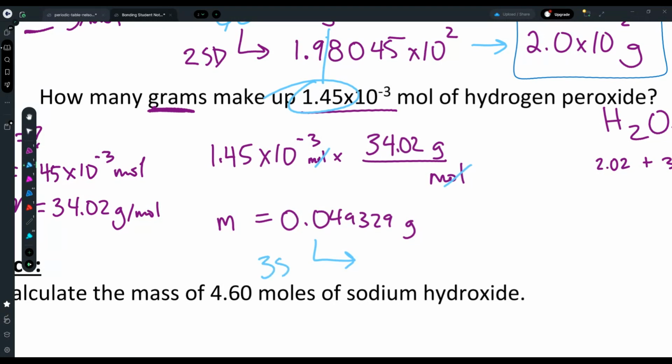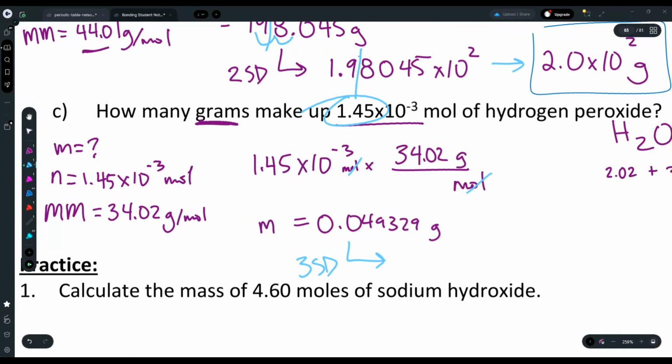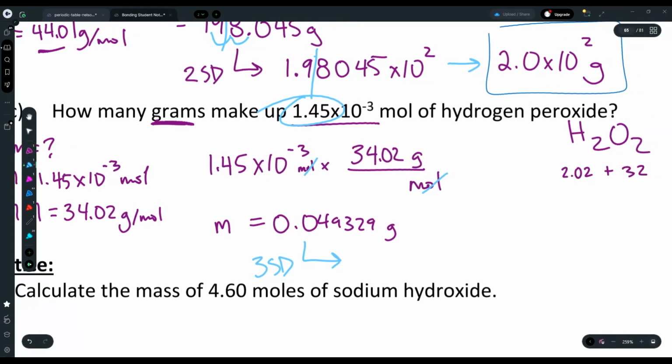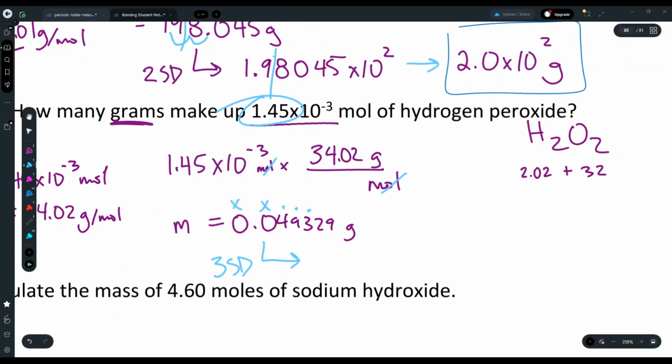So this has 3 sig digs. The reason why we never use molar mass for sig digs is because it's a constant, and you never use constants to determine sig digs. Okay, so 3 sig digs. So I count 1, 2, 3. So remember, these zeros don't count because they're leading zeros. So then my cutoff line is right there.